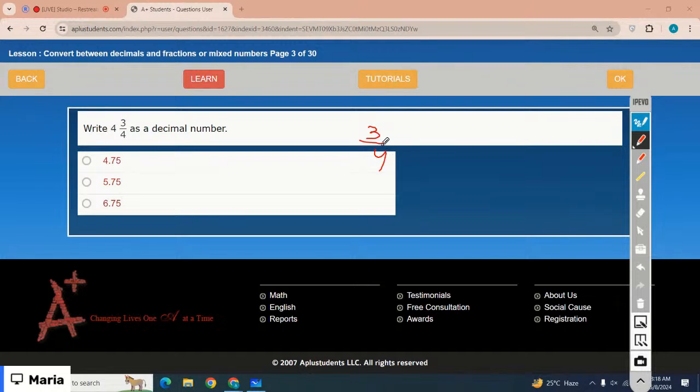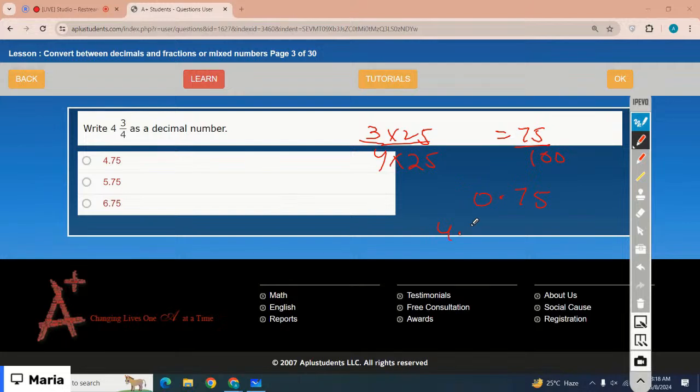You have to make the denominator equal to 100. So 4 times 25 is 100. Multiply both numerator and denominator by 25. That would be 75 over 100. And you can write 75 over 100 as 0.75.